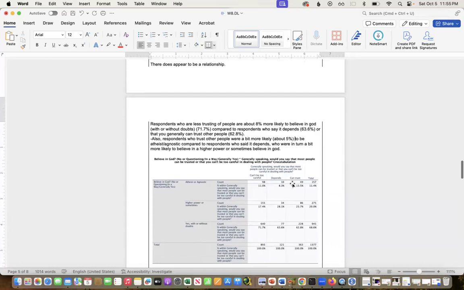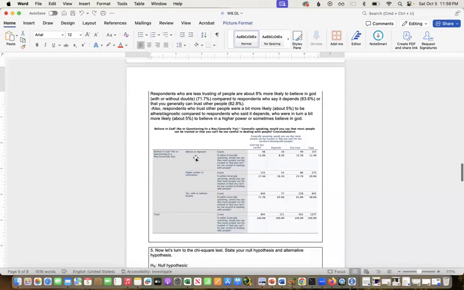So it was the 8.3 to 13.5, and then the 28.1 to 23.7 is about 5%. Okay.